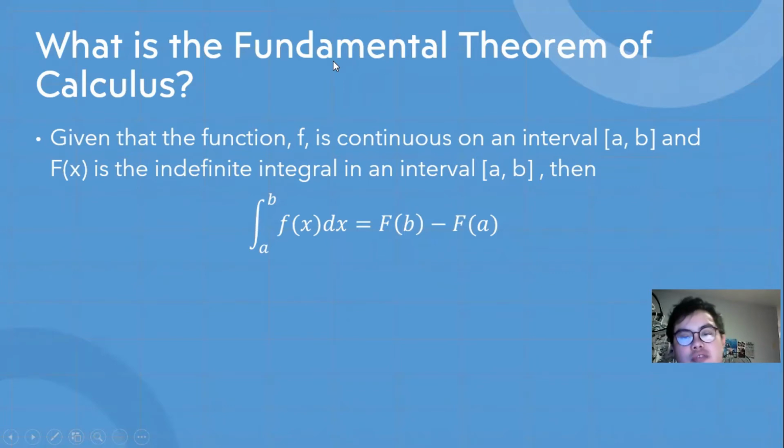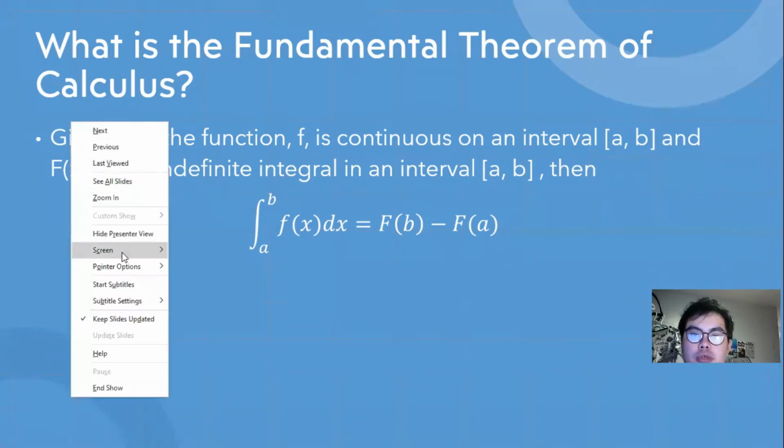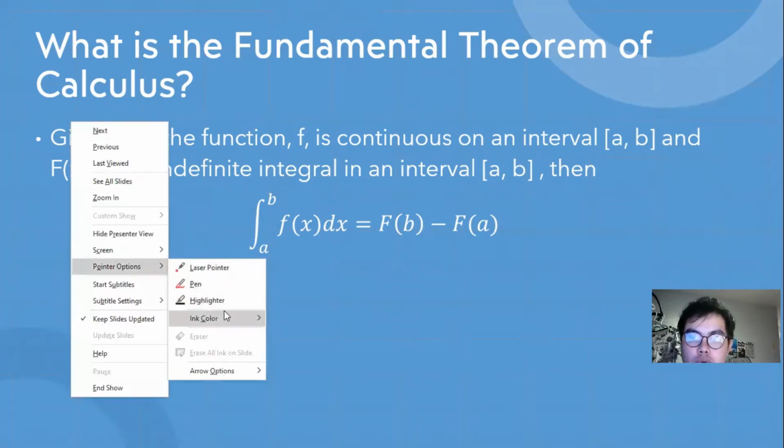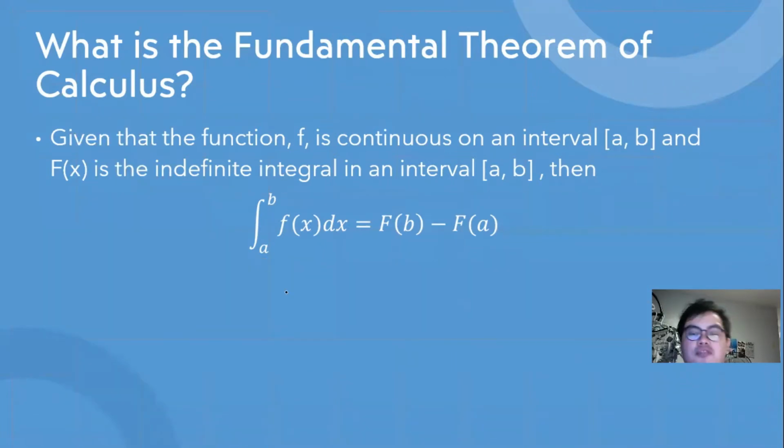So, given that the function f is continuous on an interval a and b, and capital F of x is the definite integral in an interval ab under the closed interval, ang gagawin niya dito is, we are going to find the indefinite integral of the given function.